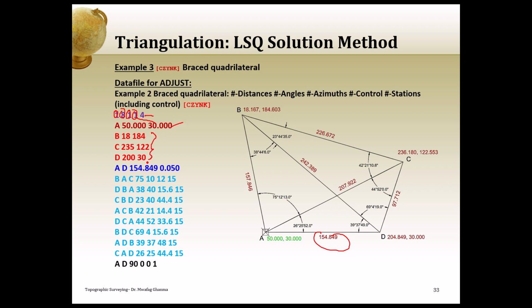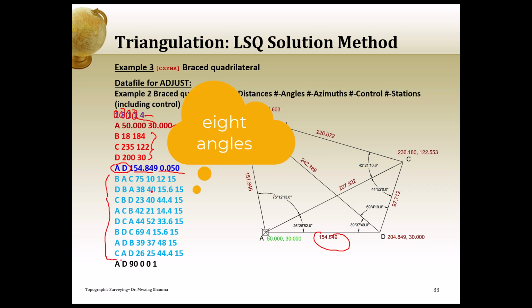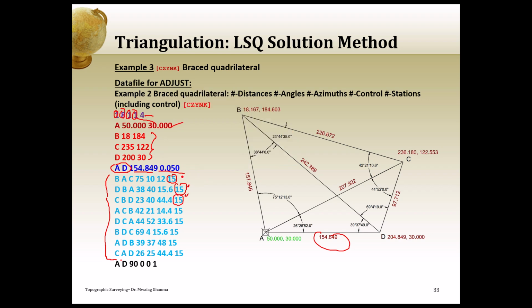The data file has the coordinates of the control station, the approximate values for the initial estimations of the other stations, and the length of the baseline, AD, which is plus or minus 5 centimeters. These are the angles that we measure, with plus or minus 15 seconds, which is the standard deviation for each measurement.